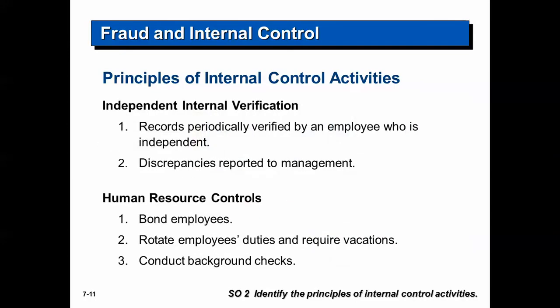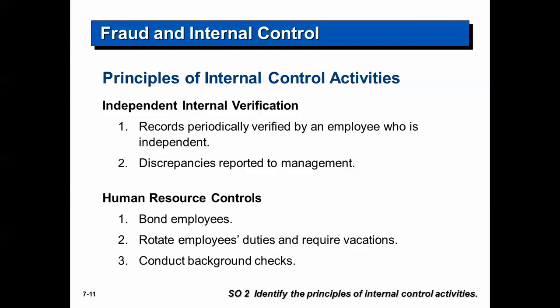Now, you also have other types of control activities. You have independent internal verification. That is, periodically, you have to go over and check on what the other employee has been doing. And if there's anything discrepant, anything that you suspect, you have to report that to management. There are other methods too.